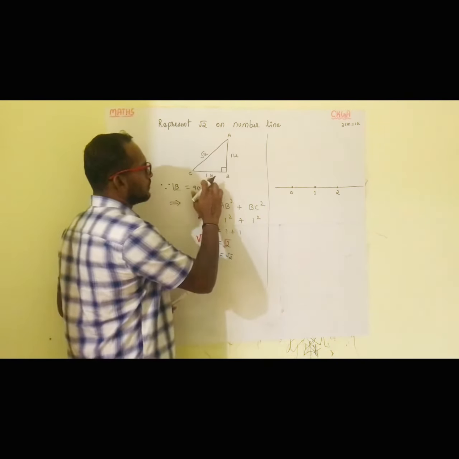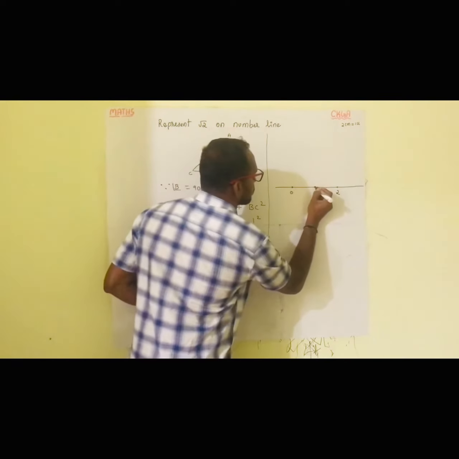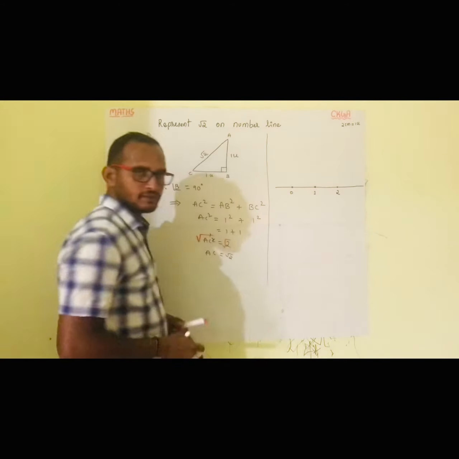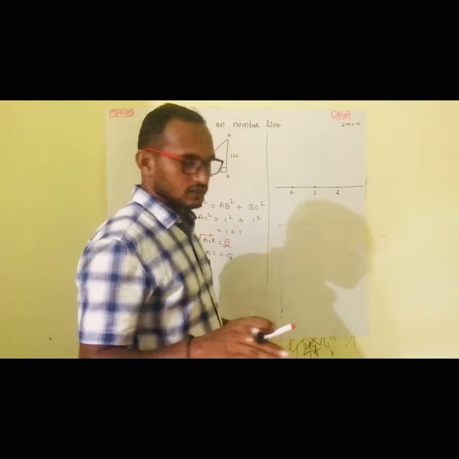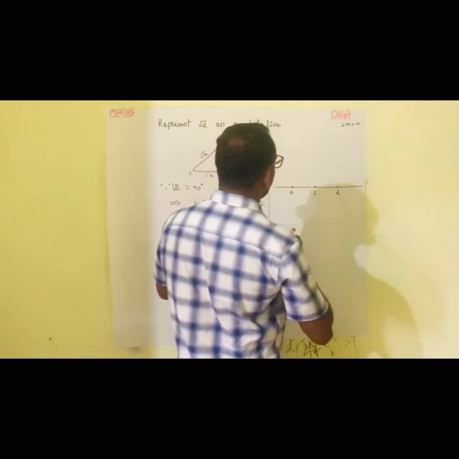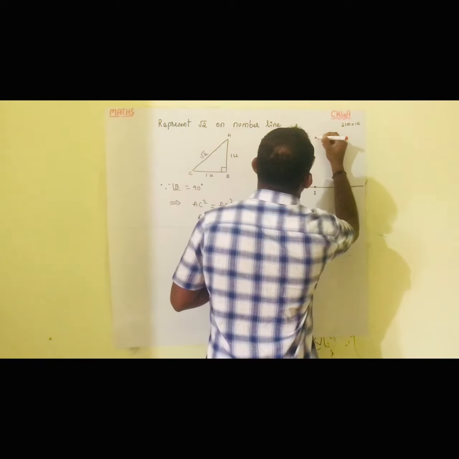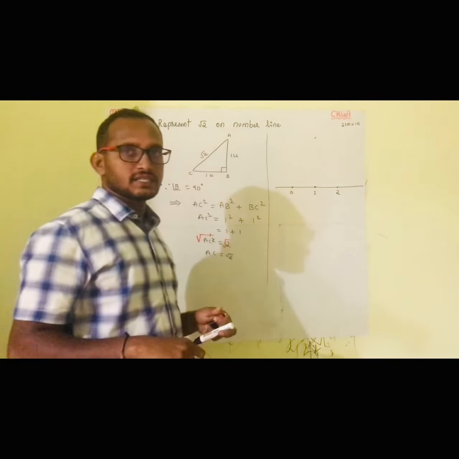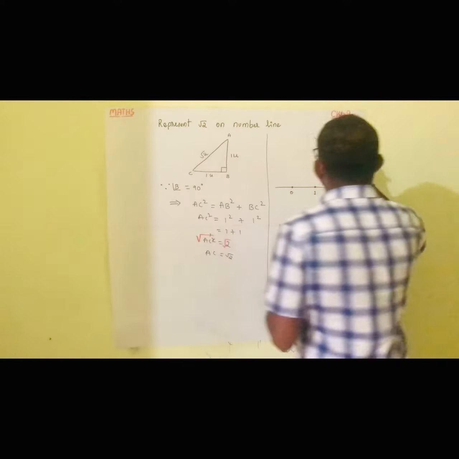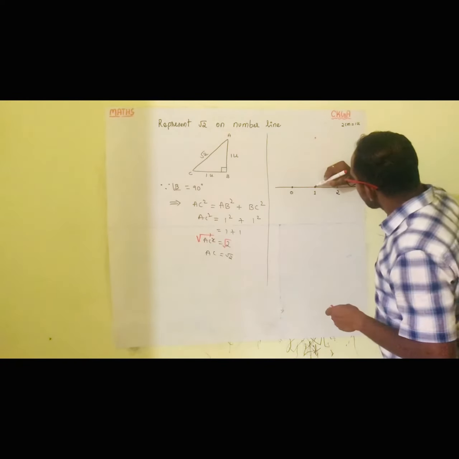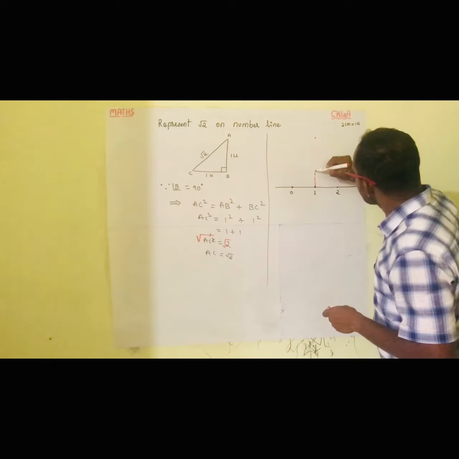Now at 1 unit, use a protractor and mark an angle of 90 degrees. I am not using a protractor here, just drawing a light line for general purposes.